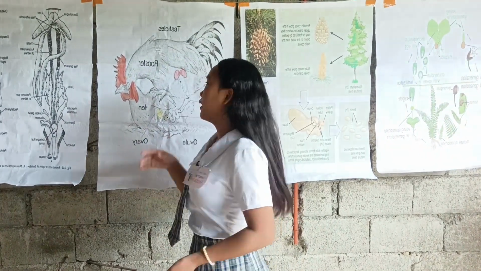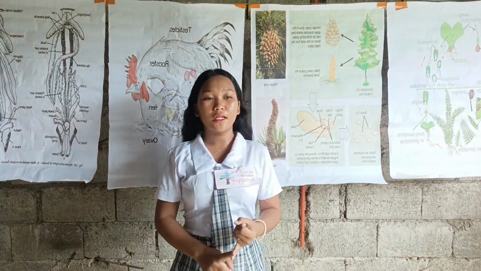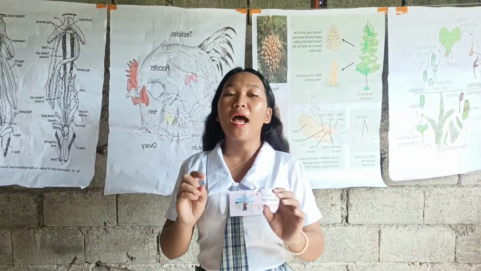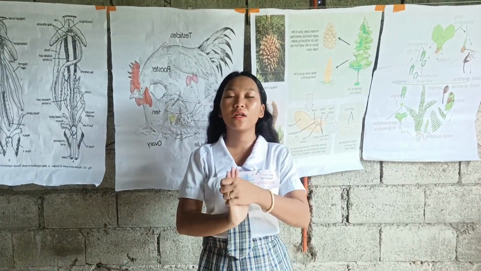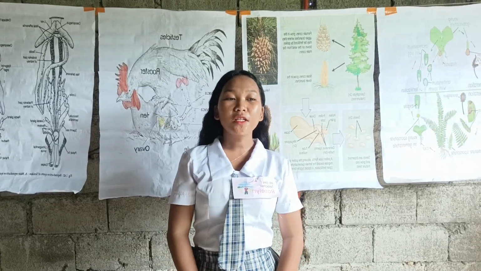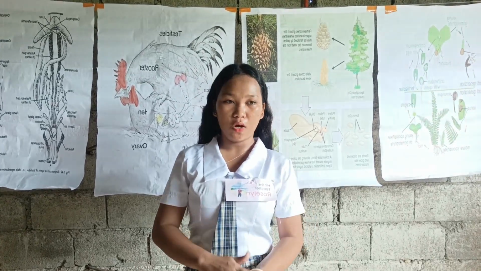For the rooster, the testicles produce sperm and then the sperm cells travel through the vas deferens to the cloaca. The male chicken possesses two testes located along the chicken's back near the top of the kidneys. The testes are elliptical in shape and light yellow in color.